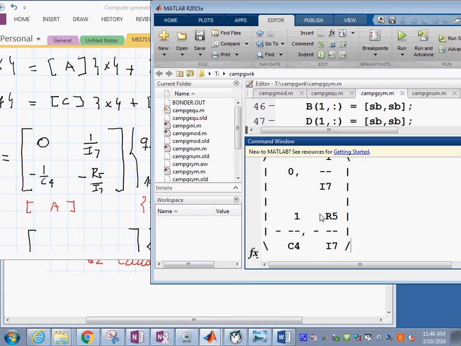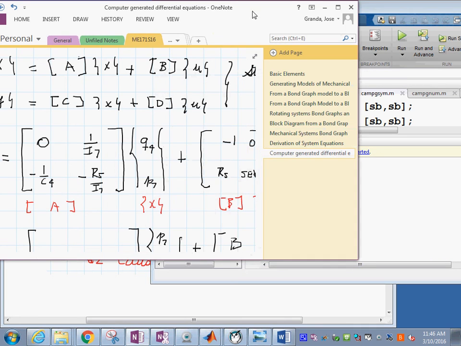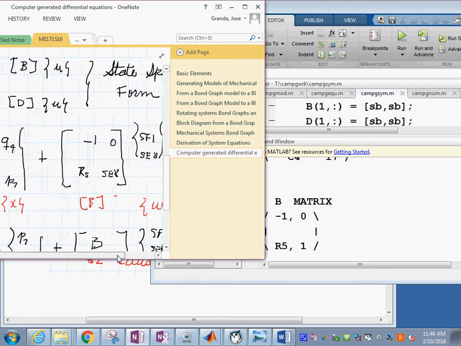But the idea that I want you to see is that you have the computer generated form of these equations in here, and that is in the matrix form.